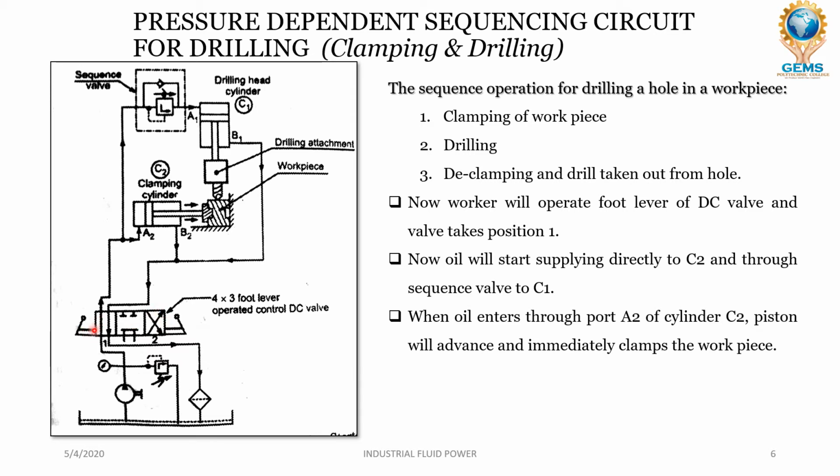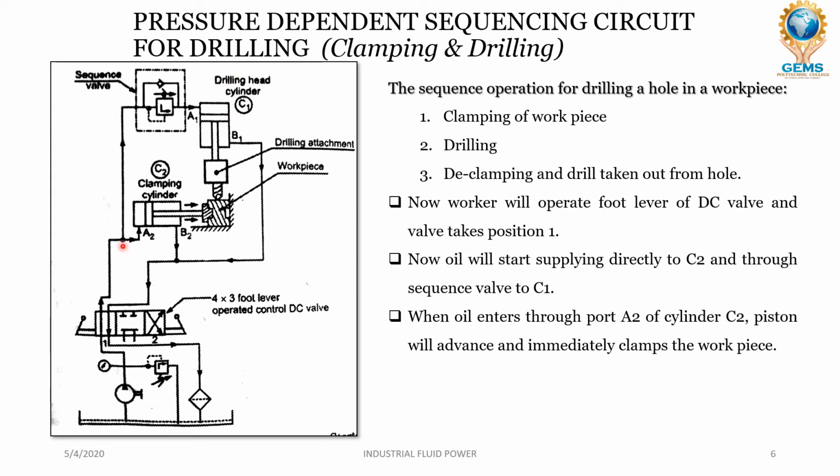Now the worker operates the foot lever, and the valve takes position 1. So now the oil will start supplying directly to C2 and through the sequence valve to C1. This is cylinder C2 and this is cylinder C1. Cylinder C2 is meant for clamping purpose, and cylinder C1 is meant for drilling purpose.